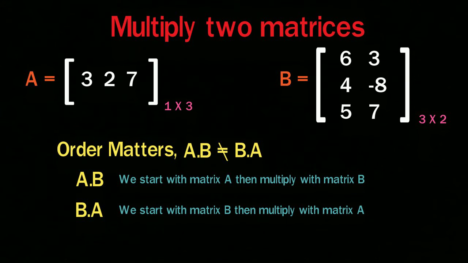We must make sure that the column of the first matrix has the same value as the row of the second matrix before we can do any multiplications.